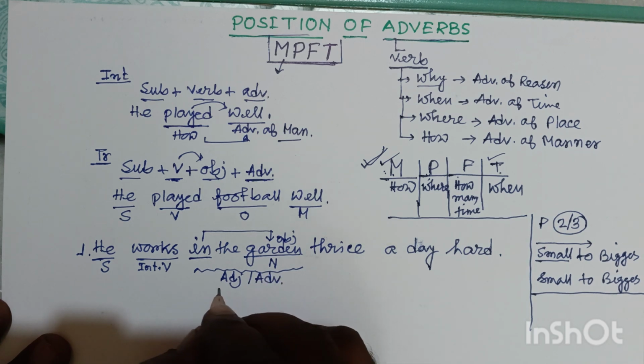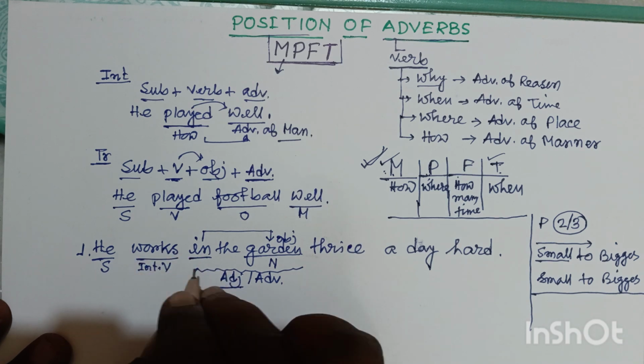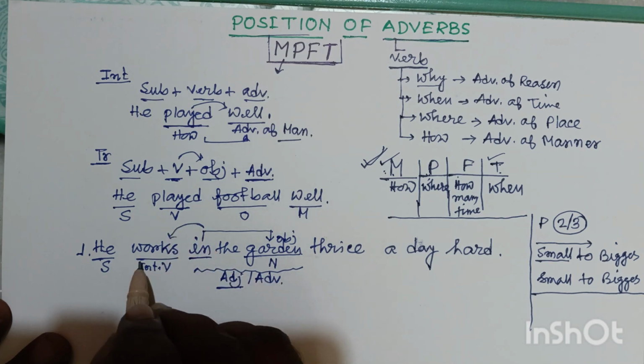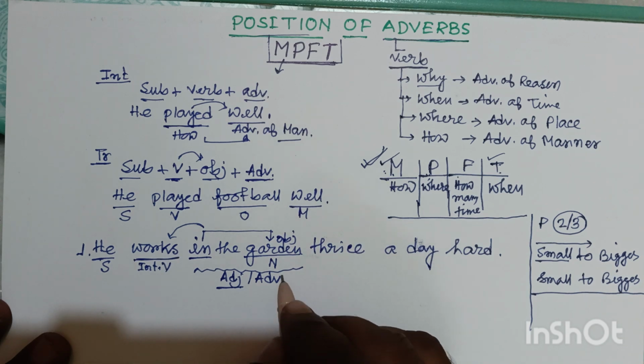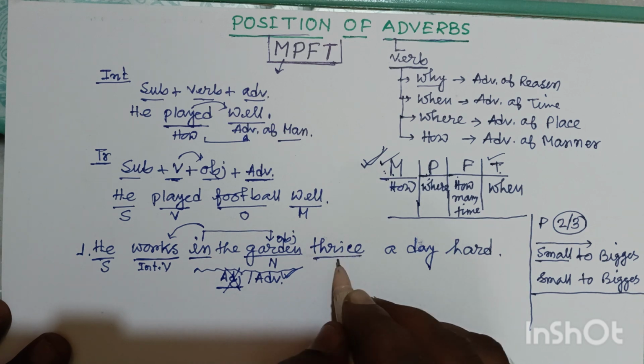If it is an adjective, obviously it will modify a noun, but there is no such noun, so obviously it is modifying the term walks, which is a verb. That means it's an adverb. So here it is not an adjective. Thrice, my dear friends, has no relation with a noun.